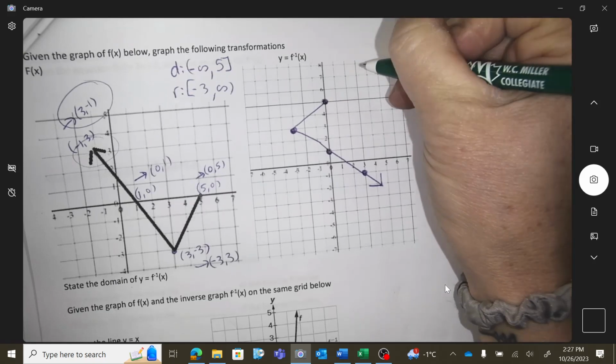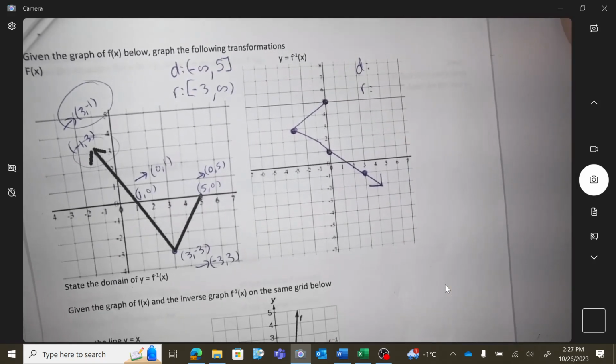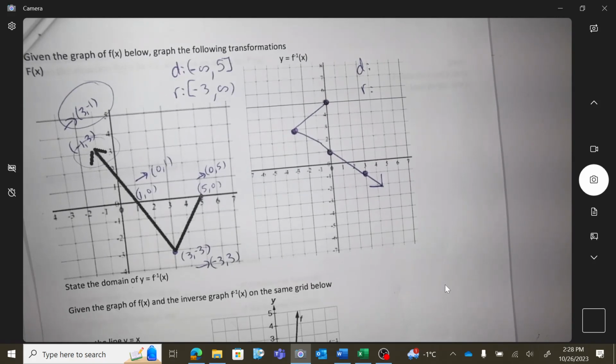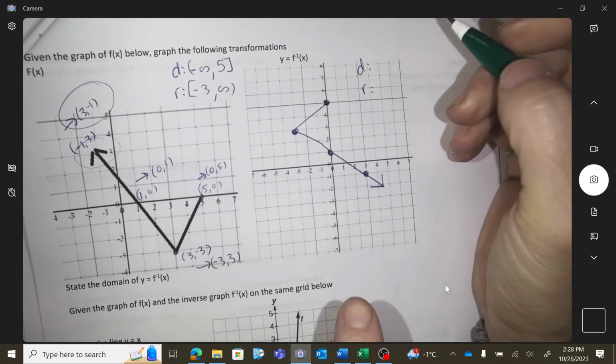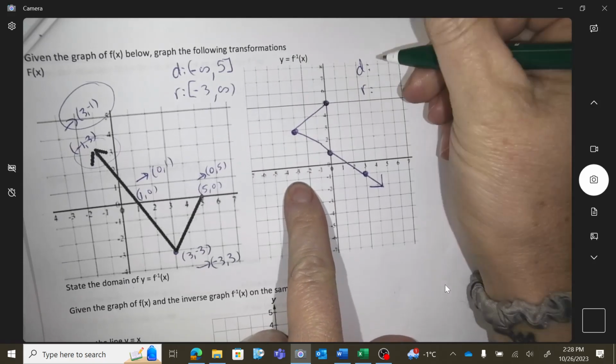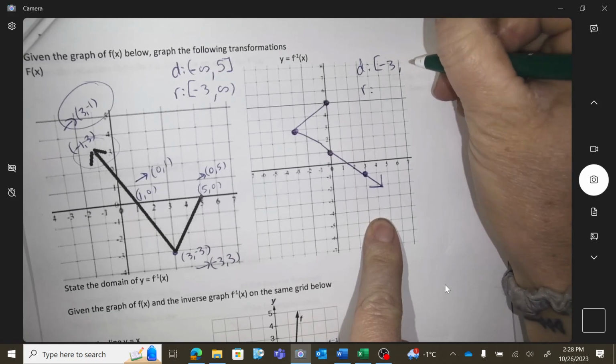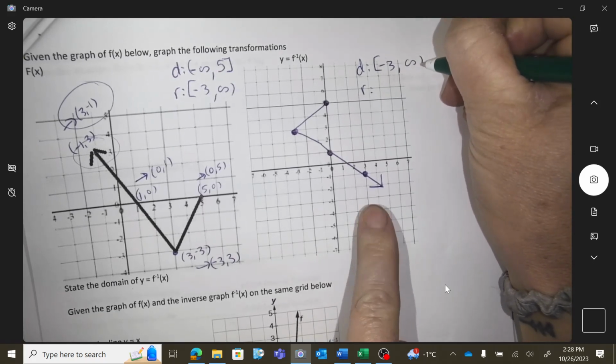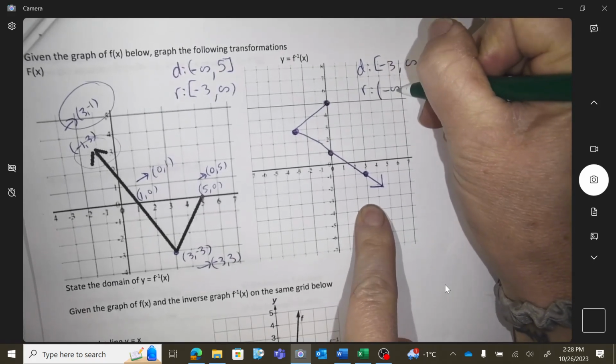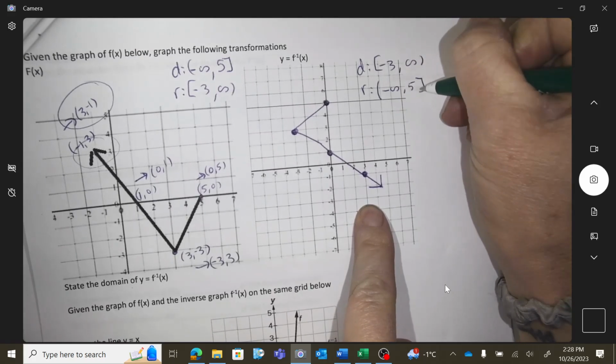Okay, so go over here. Can you tell me what the domain and the range is on the inverse graph? The domain, the most left is -3, to the most right is infinity. Range, the lowest to the highest.